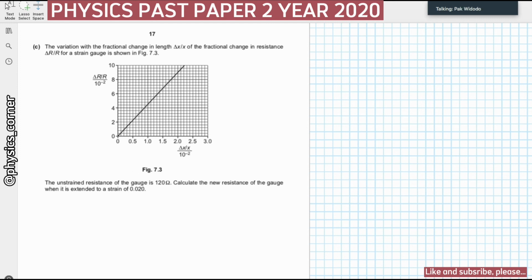This strain is 0.02, delta x over x. So when we have delta R over R, when the strain is 0.02, it means delta x over x is 0.02.